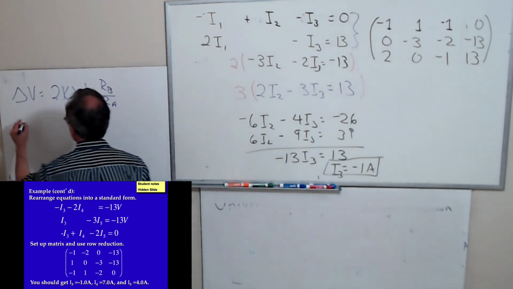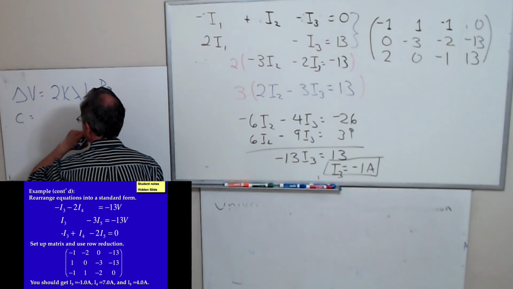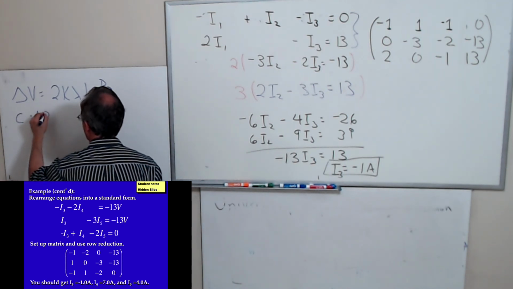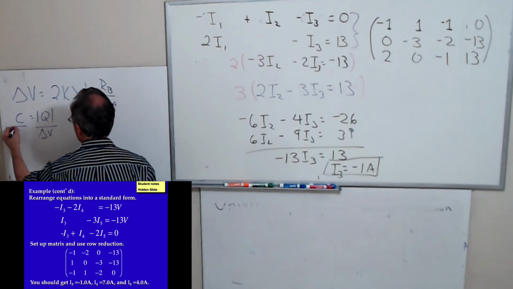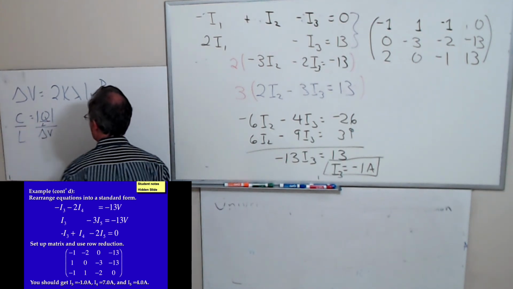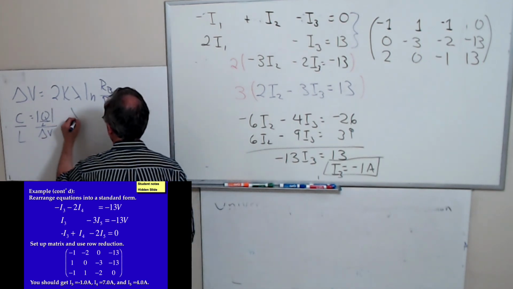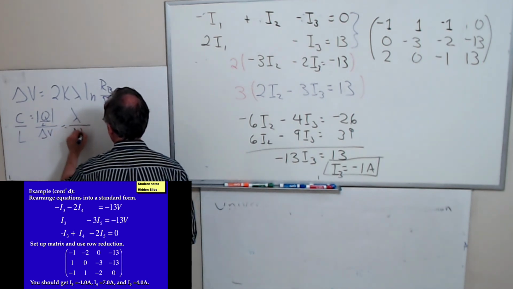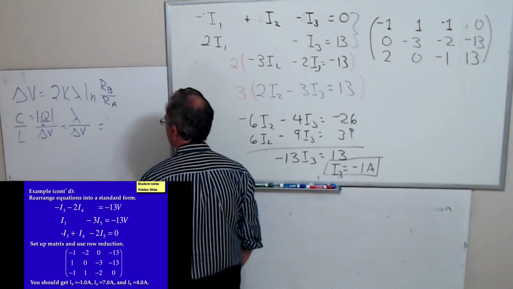And C is what? Q divided by that thing. But I want the capacitance per unit length, right? Mm-hmm. So it's going to be lambda over delta V. See, this is what happens when I'm in a rush, sorry.